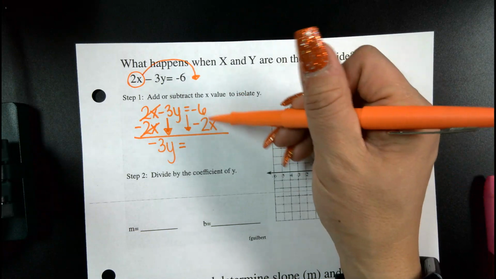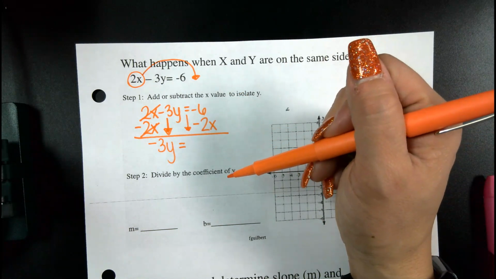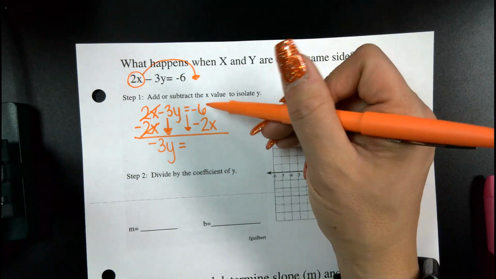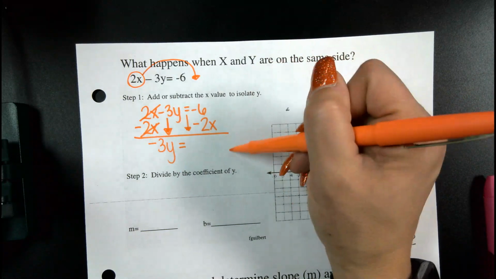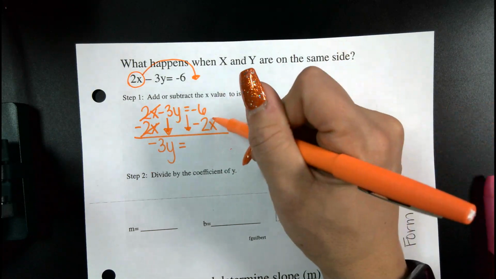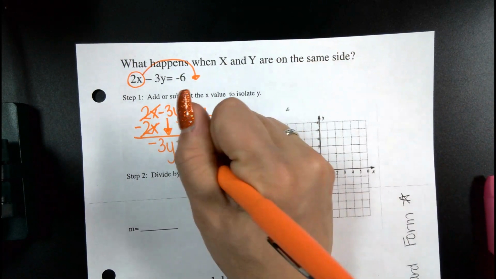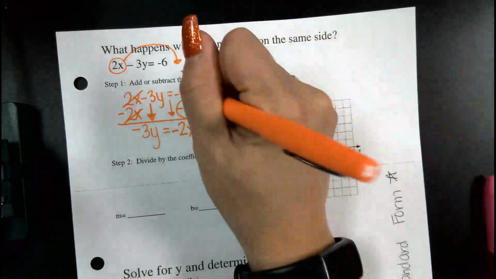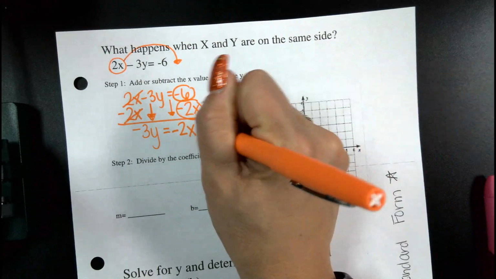However, are these 2 like terms? One has an x, the other one doesn't. So all we're going to do is write these 2 terms sideways. And I always put the x term first. So this one right here, the -2x, I would put first. And then the -6, I would just write next to it.